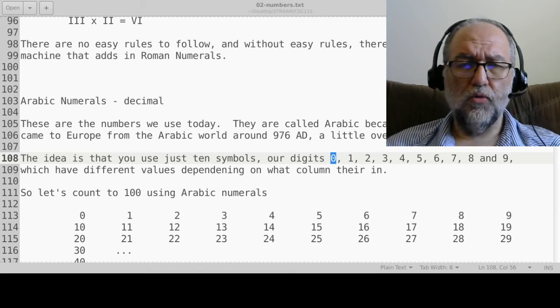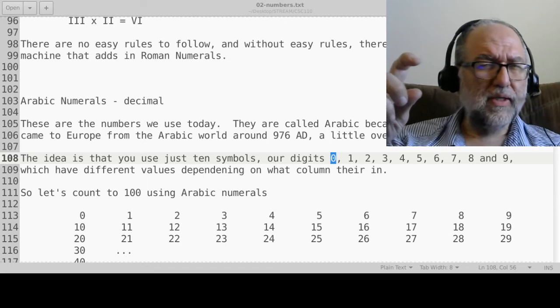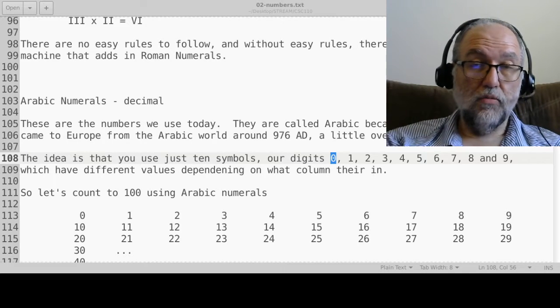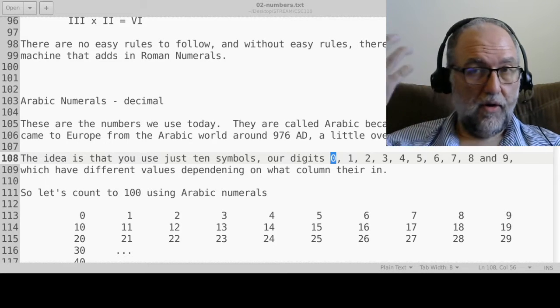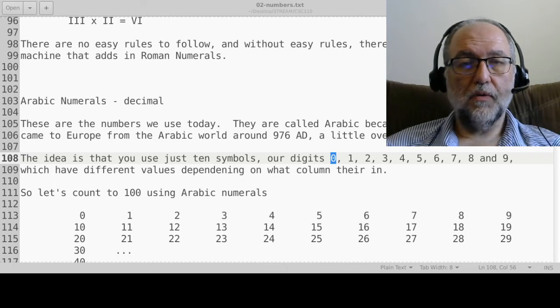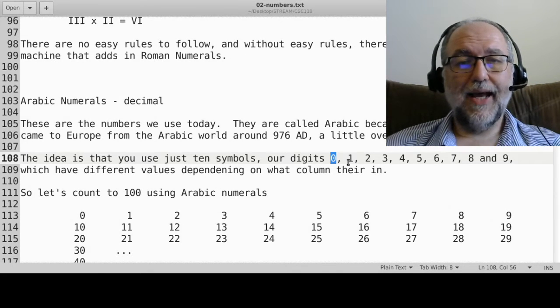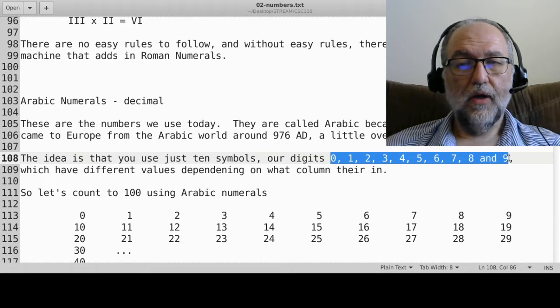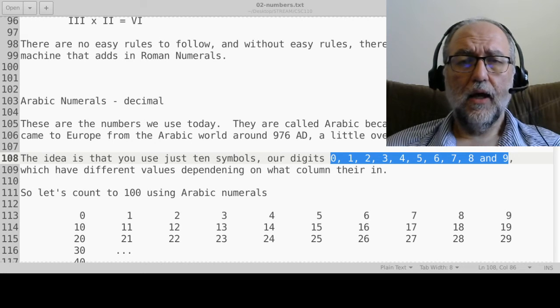If you write out a Roman numeral, nowhere in it is there a symbol which represents a 0. But with Arabic numerals, there is a 0, and it's a very important number because it's a placeholder. So there's 1 to 9, but with this extra 0, 0 through 9 is a set of 10 unique symbols.